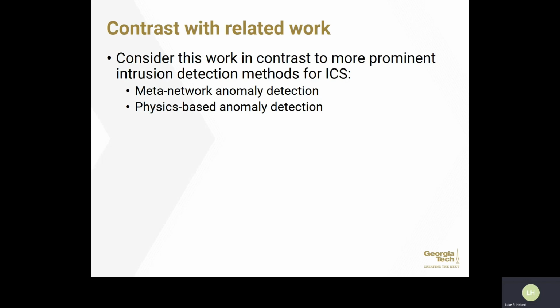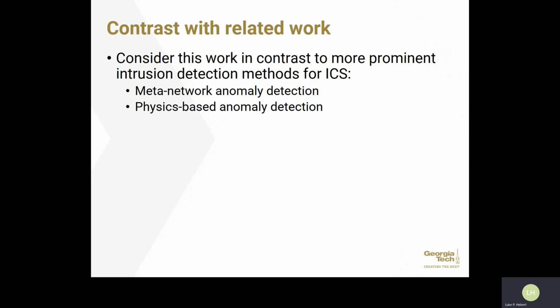Meta-network anomaly detection is basically the opposite of content-based, in that it tries to detect anomalies based on everything except content: frequency, telemetry data, anything except the actual message payload. And physics-based anomaly detection attempts to model the physical state of ICS processes or a system and alarm on significant or odd deviations from that expected state.